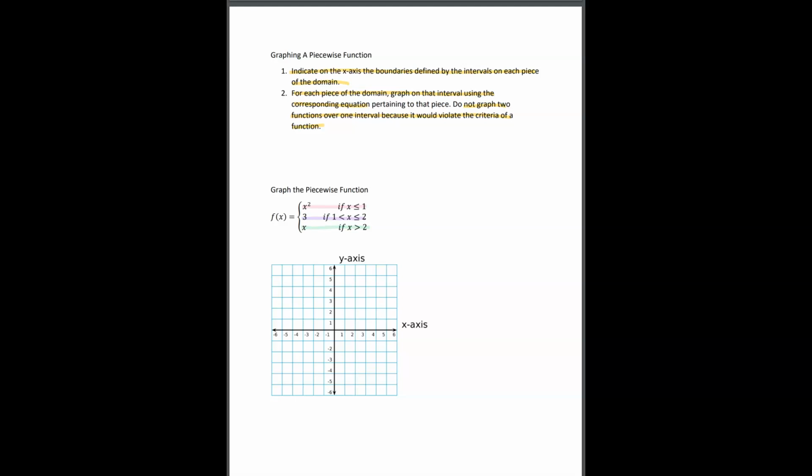Okay, so for our x squared, I'm going to go over here. X squared is pink. There we go. So for x squared, we know it is less than or equal to 1, right? So I'm going to make a little x squared, and that's going to equal y, right?